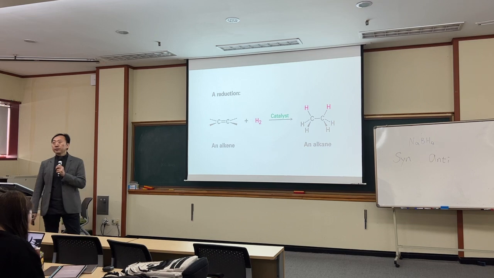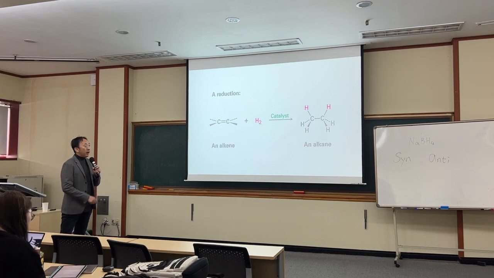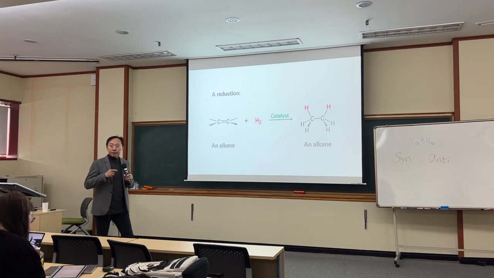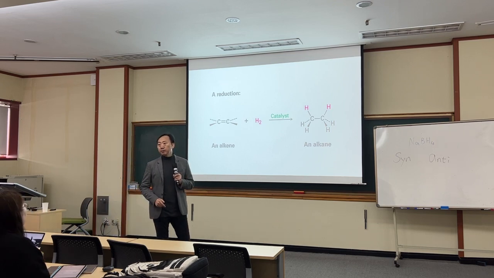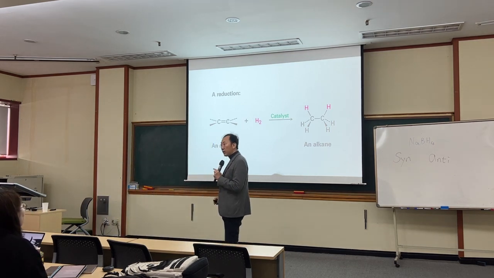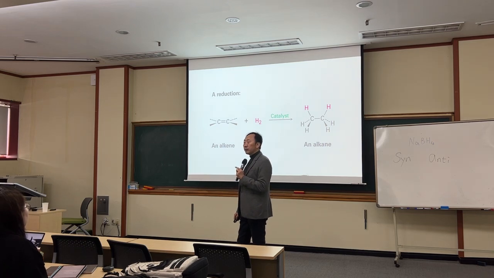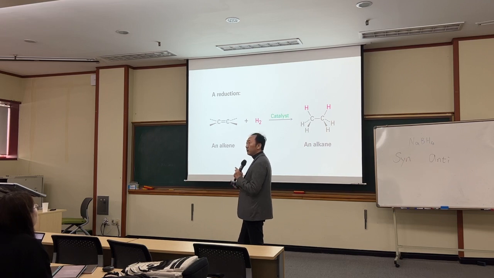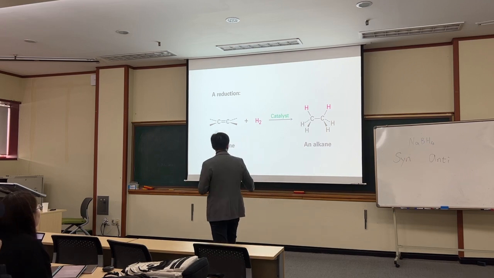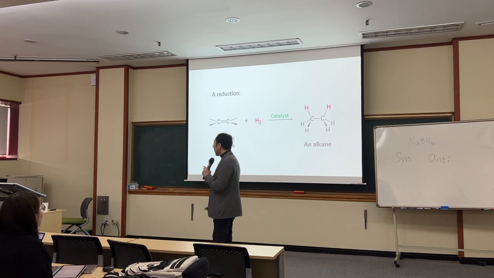Reduction. To the double bond, if you add two hydrogens, that's a reduction. Can you define that's a real reduction? What is the oxidation number of this carbon? If this is a carbon, oxidation number of this carbon? 0. If you add two hydrogens, then what is the oxidation number for this? -1.